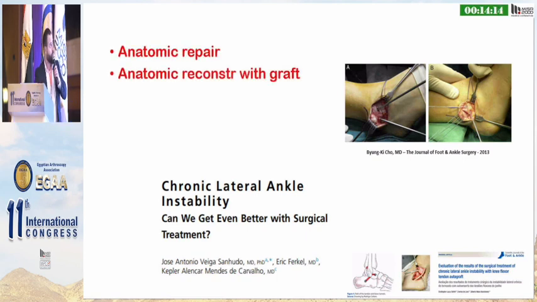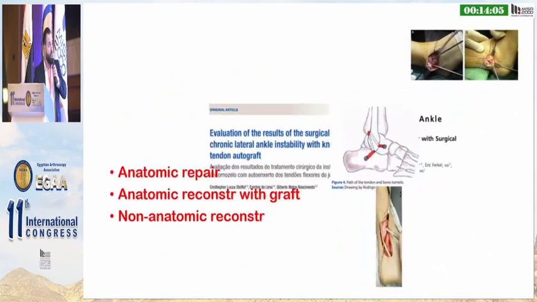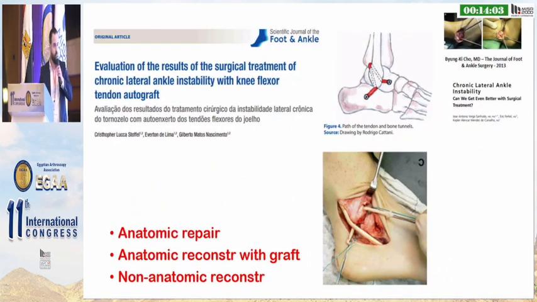We have the Brostrom and anatomical repair, anatomical reconstruction with graft, and non-anatomical reconstruction. Results are already very good, not so good in the non-anatomical reconstruction, but this is an option in some cases.